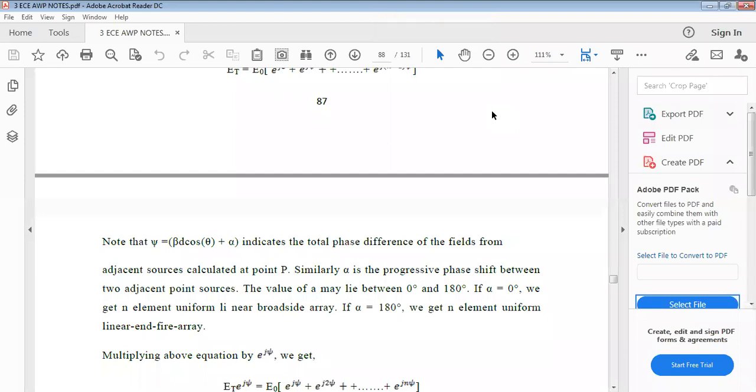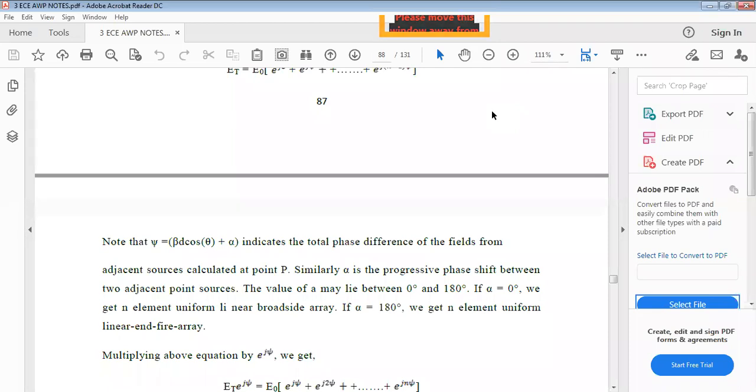That's why the total phase difference due to the path difference equals beta d cos phi. The total phase difference is denoted by the symbol psi. So psi equals beta d cos phi. That is a very important point.